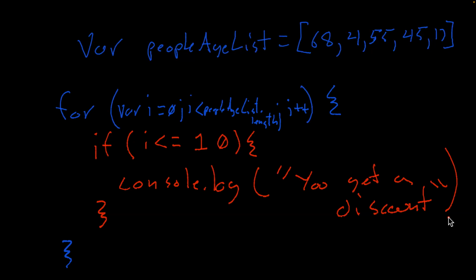Okay, that's what we should have done. If people age list at I is less than or equal to 10, because our I is going to increase 0, 1, 2, 3, 4, it's actually going to print this console log if we leave it at I, just like this. So whoever noticed that, major points.